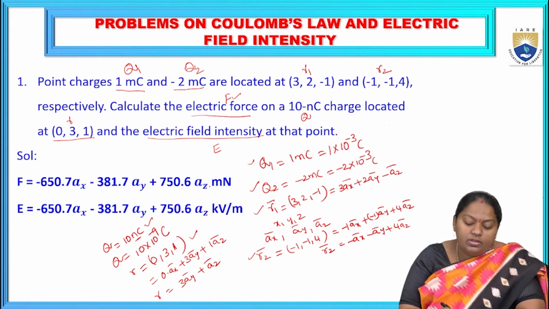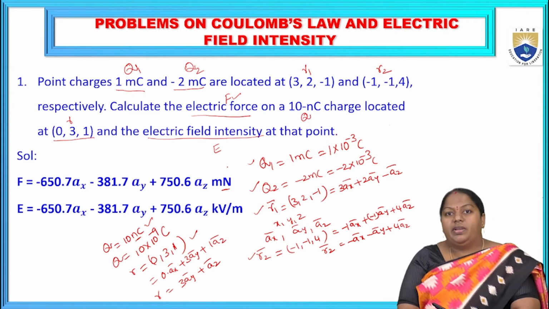For that, we are going to write it as milli, and the unit for force is newtons. Hence, F is equal to minus 650.7 ax minus 381.7 ay plus 750.6 az millinewtons are to be obtained.